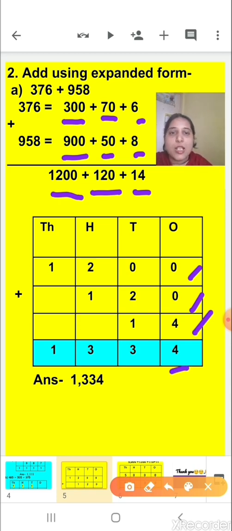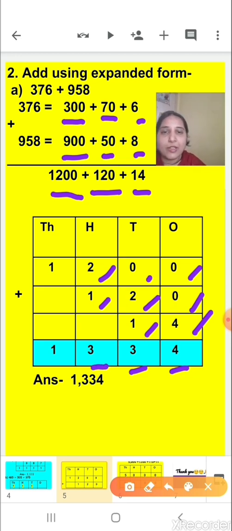Okay. 0 plus 2 plus 1. So what we will get here? 3. Then 2 plus 1 is equal to 3, and there we will have the digit at the thousand place. We will write it as it is at the thousands place. So what will be the sum obtained? It will be 1334.